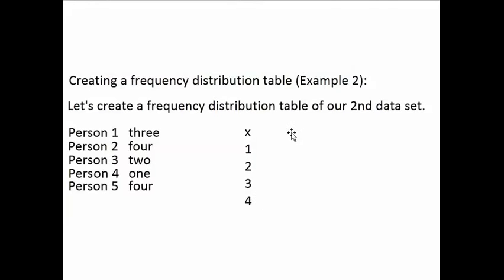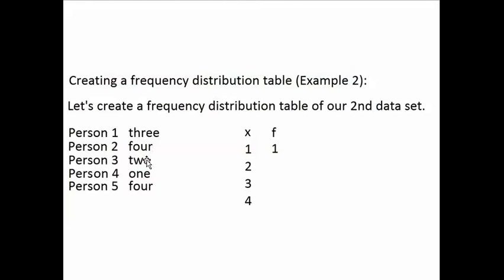Now we have to create the F column. So we have to count how many times each of these values appeared. 1 appeared 1 time. So 1 has a frequency of 1. That's why 1 will go here in the F column. This is just saying that 1 appeared 1 time. We have to count the number of times that 2 appeared.